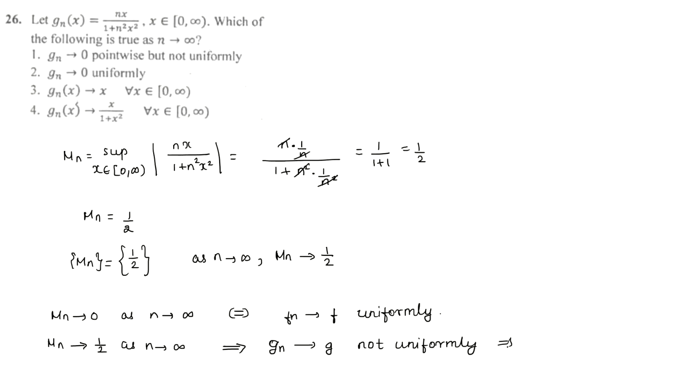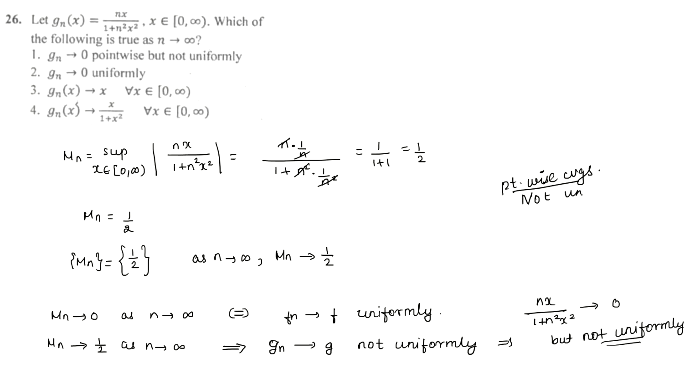So we have nx by 1 plus n square x square converging to 0 but not uniformly. So the convergence is only pointwise convergence. It is not uniform convergence, and therefore the first option is the correct answer. Thank you.